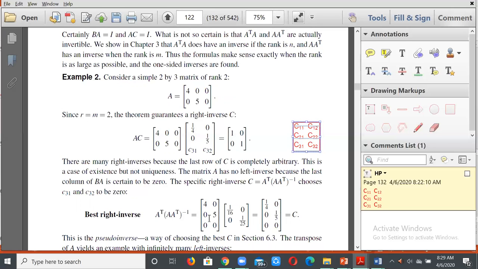A is written here, and naturally the transpose of A will be this, and A A transpose is the value which we need to find. A into A transpose will be this multiplied by this, and that will give us 16 0 0 25.